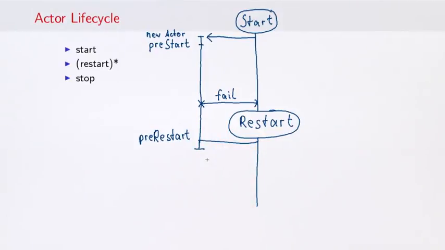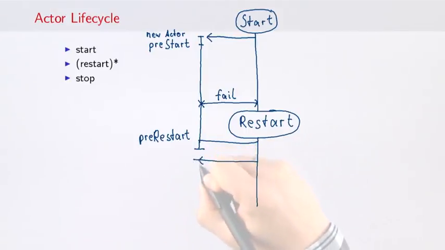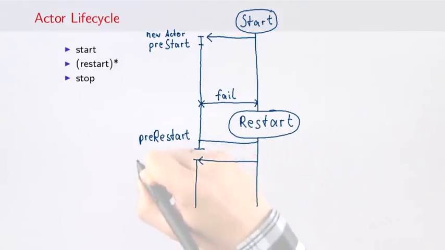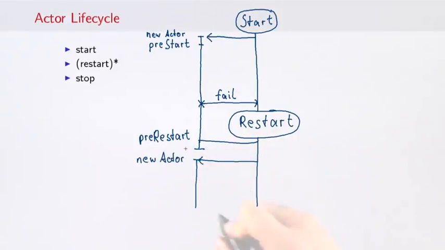Then this instance is terminated. The object is not referenced any longer, and it will be collected by the virtual machine's garbage collector. The next step is that a new instance of the actor will be created. Again, a hook is run, this time postRestart.